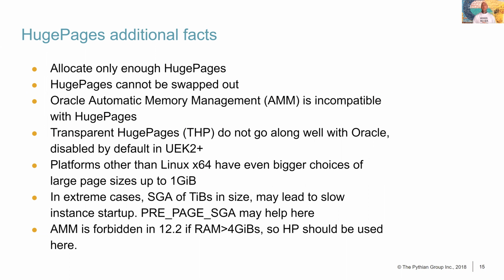HugePages are not swapped out, which means from a database perspective, it may be a good thing that our memory doesn't go to disk, but that may introduce some additional issues with the kernel trying to swap them out and not being able to. Memory pressure is an issue. Right?